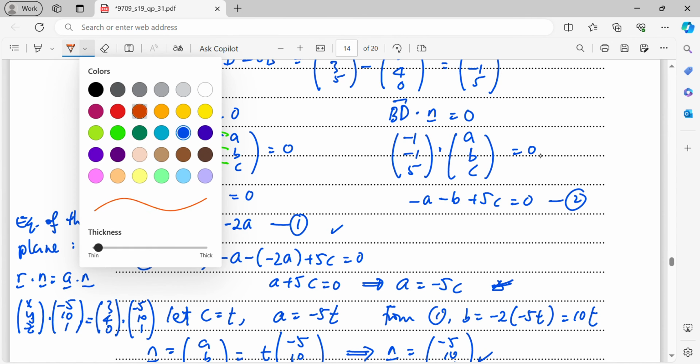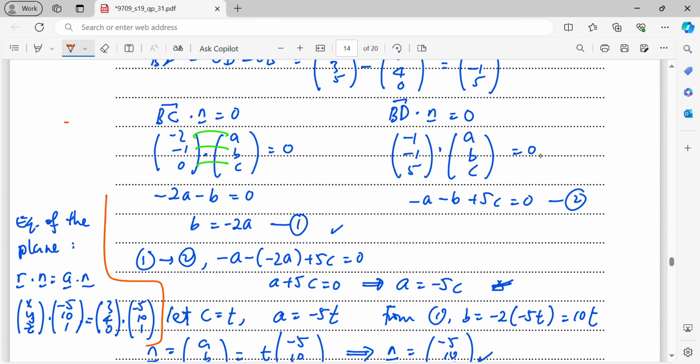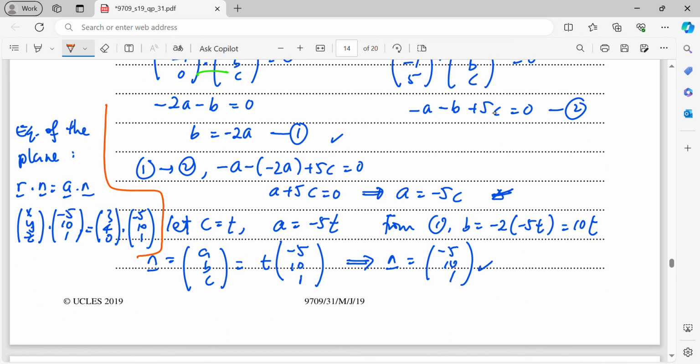Okay, so probably I'll just draw a line here. Now for the left hand side, this is a dot product, so just multiply and add all together. You will get minus 5x plus 10y plus z. Then for the right hand side, just do expansion: 3 times minus 5 plus 4 times 10.